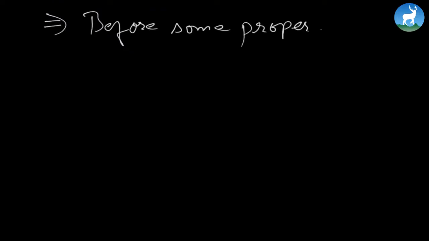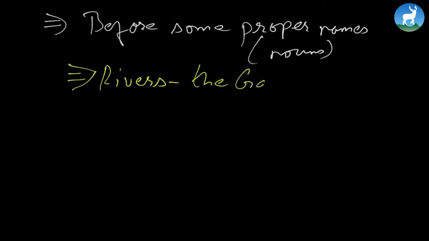Now again, let's move forward. And again, this is interesting. Before some proper names, or you can understand this as proper nouns. Now, what is proper noun? I'm sure you know that. We're here dealing with a specific noun. For instance, let's take an example of a river. The Ganges, or the Amazon River.